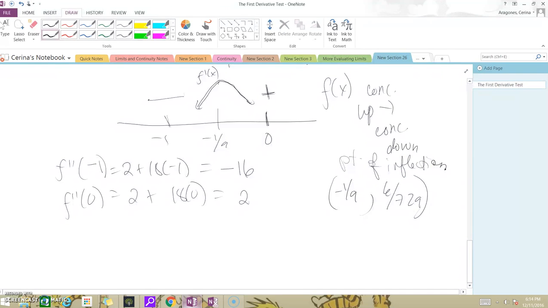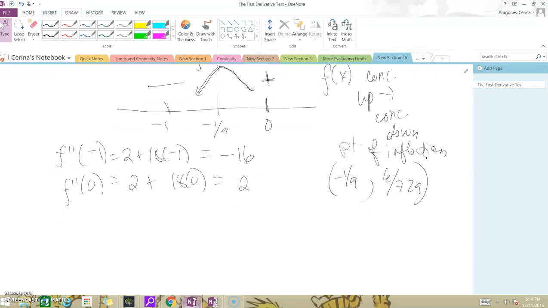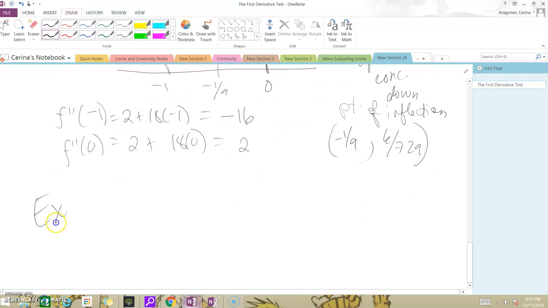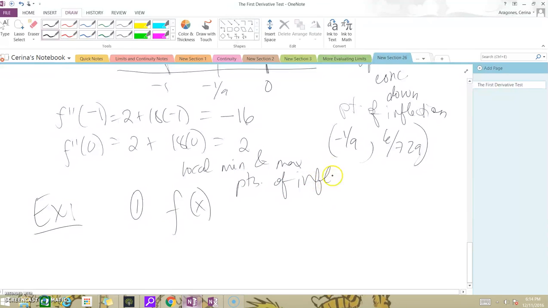You can practice with functions to see how to apply these. So here are some functions you can practice with. Find the local min and max and points of inflection of these functions.